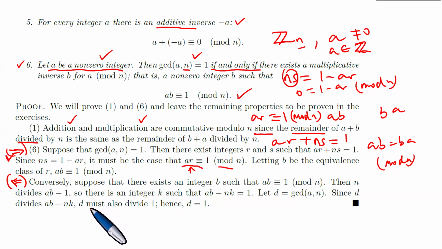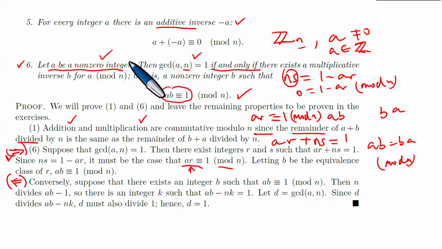suppose that there exists an integer B such that, so we're starting from the end of this. We suppose that AB is equivalent to 1 modulo N, or is congruent to 1 modulo N, starting from the conclusion.